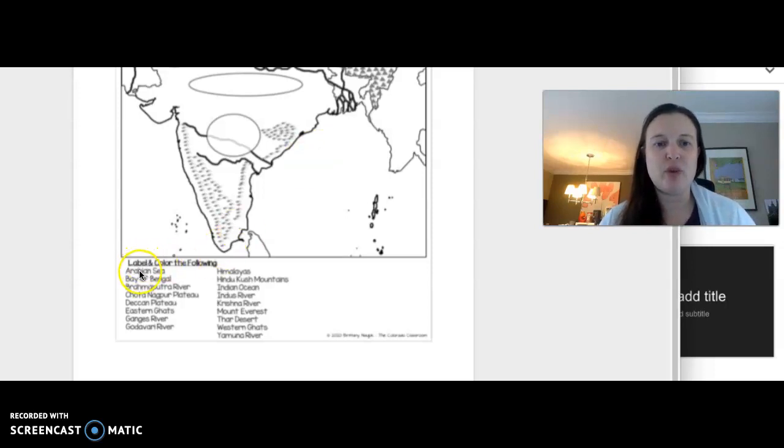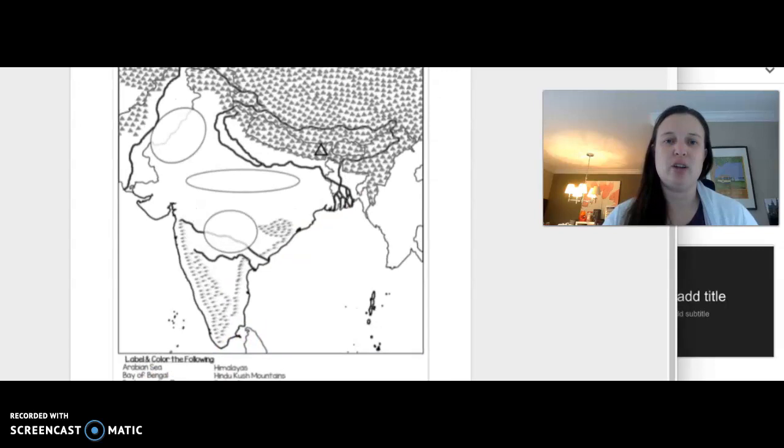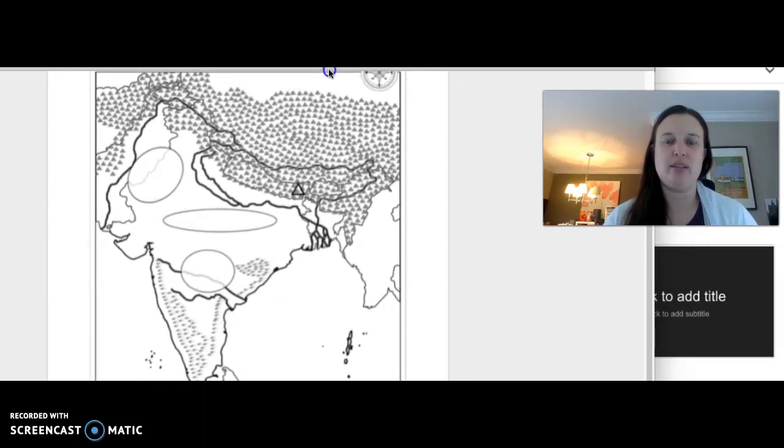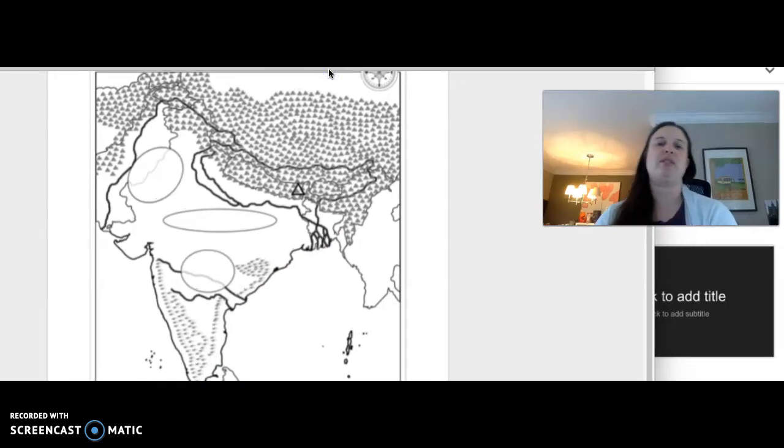So we have the Arabian Sea, the Bay of Bengal, Brahmaputra River, and you'll see there's a mix of plateaus. It's just in alphabetical order. So everything's mixed together. That's the challenge. If I were you, I would just go one by one and go checking off the list. And then when this is all finished, you can submit it in Schoology for some points.